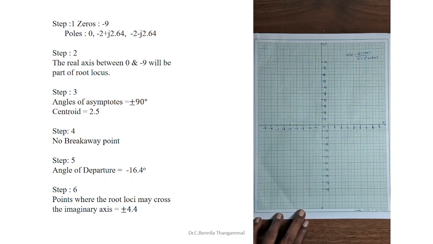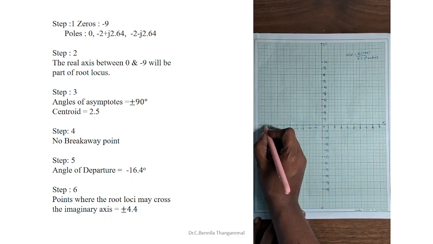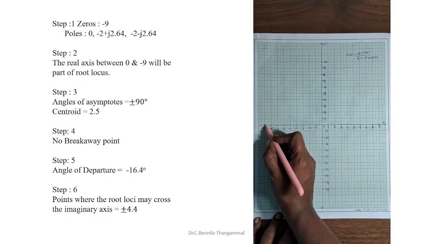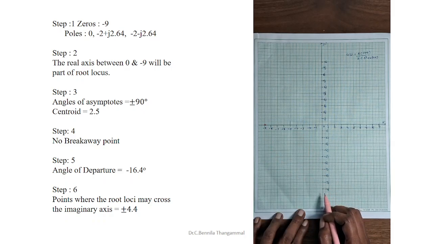The first step to find the root locus is to mark the poles and zeros. In this problem there is one zero, that is minus 9, which is marked with a circle, and three poles, which are marked with a cross.